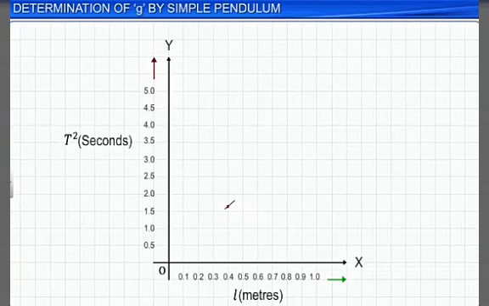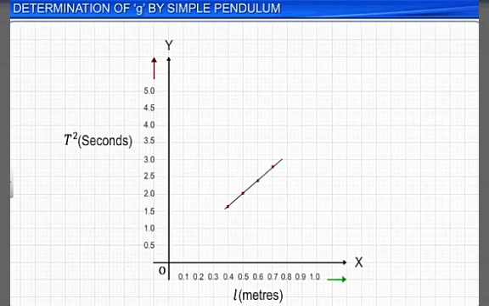From the graph, the slope of the straight line is obtained by considering 2 points P and Q on this line as far away from each other as possible. The coordinates of P are 0.4, 1.61 and of Q are 0.7, 2.82.